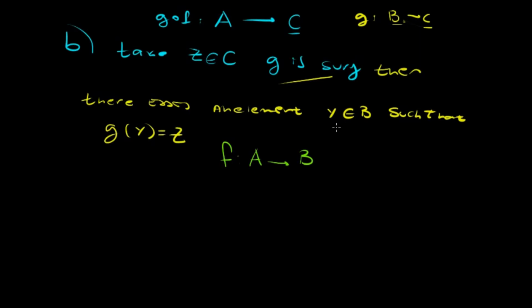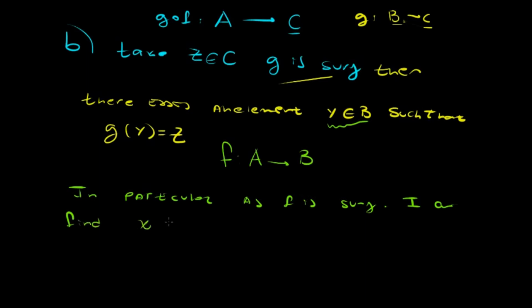So in particular, for this y in B, as f is surjective, I can find x in A that verifies that f of x equals y, where y is this y I took for my element z.